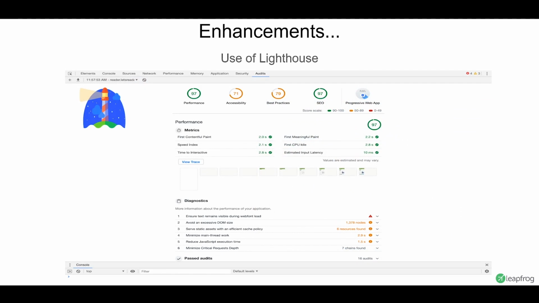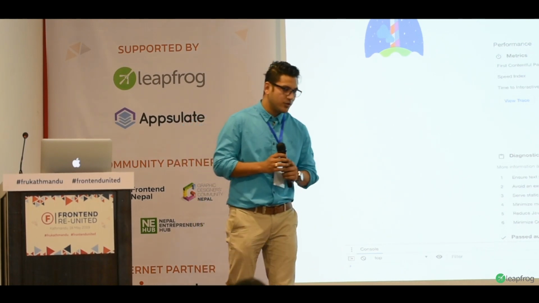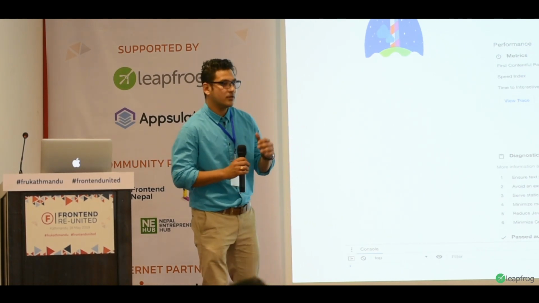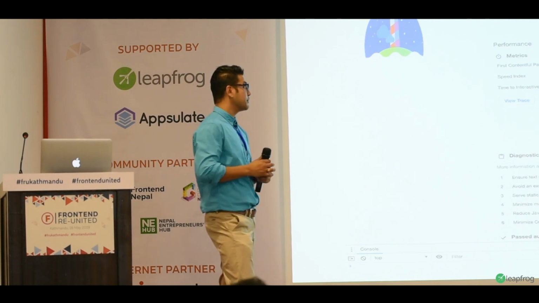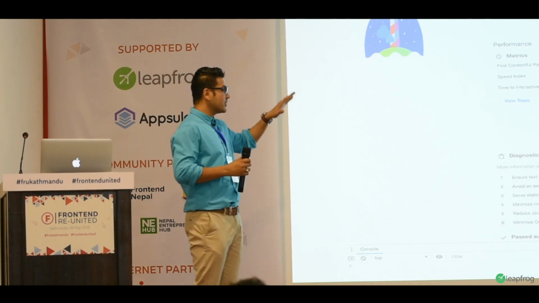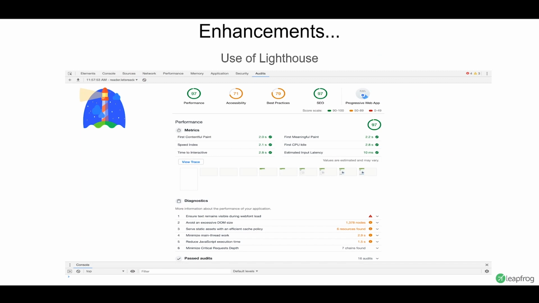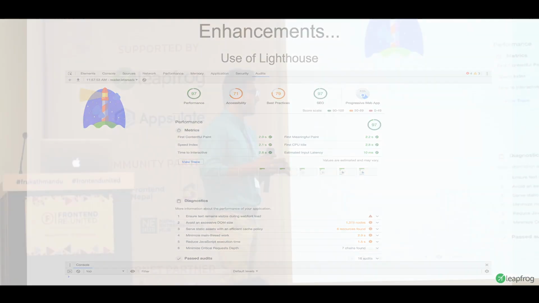Another is the use of Lighthouse. This is a tool where you can run an audit and see your web app performance, right? I have run this for my project Let's Read Asia, and I found out we have 97% performance, 71% accessibility. That's pretty low, right?